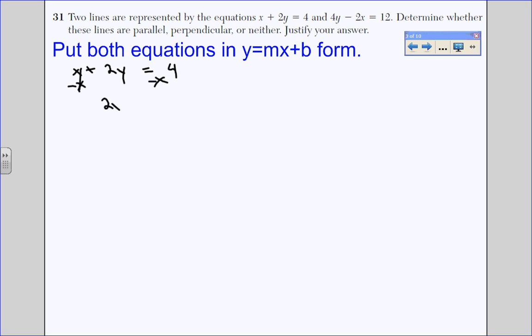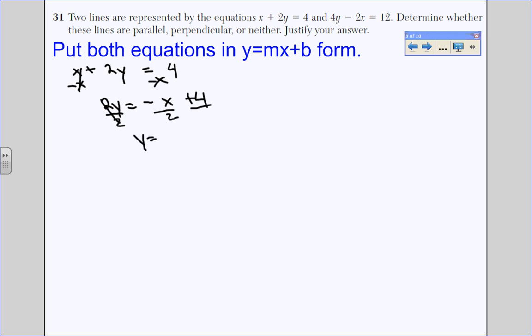You're going to get 2y equals negative x plus 4. You can't combine these two terms because they are not like terms. And now you're going to do the multiplicative inverse of 2y, which is basically divide everything by 2.